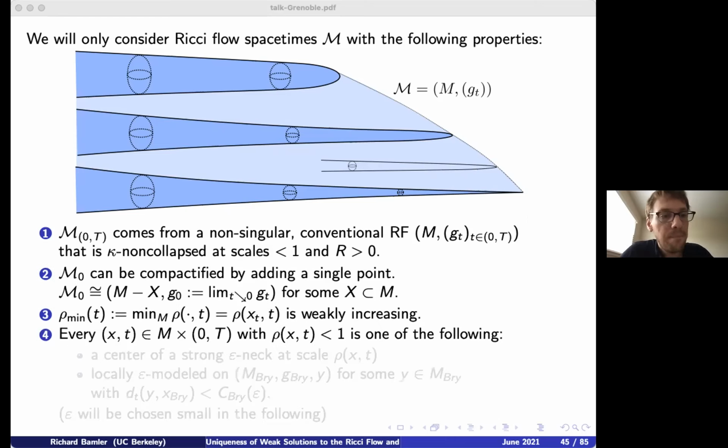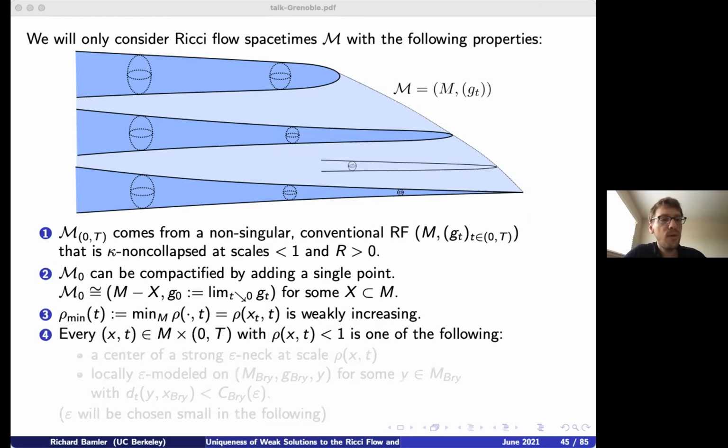Okay, so fourth, I will assume that for every point x and every time t, let's say of curvature scale less than 1, because by rescaling we can always assume this is the threshold for the canonical neighborhood assumption, one of the following is true.